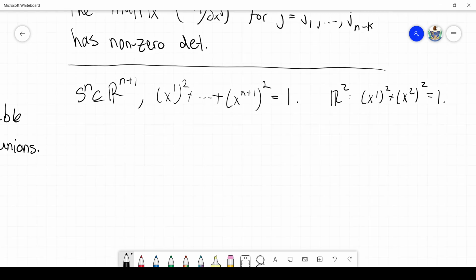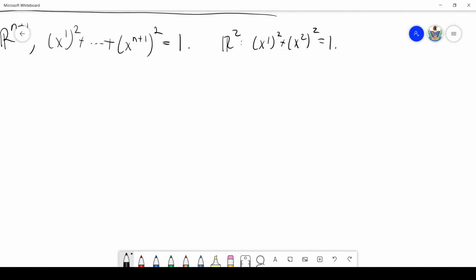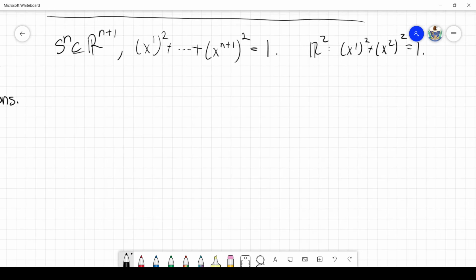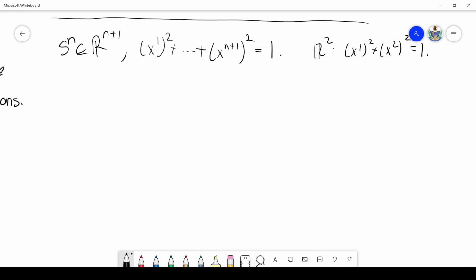Now this is a manifold, and here is really where I think the concept of a manifold becomes important, because you cannot define a single coordinate system on the sphere which is not singular somewhere.